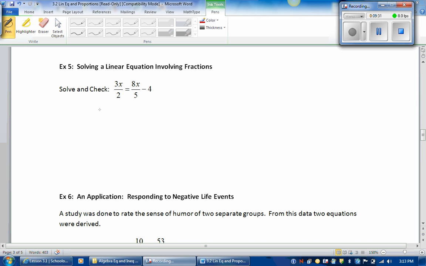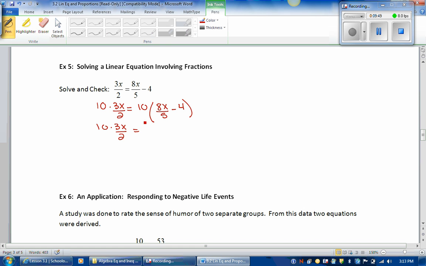So if I take now and I multiply both sides by 10, you're going to see something interesting happen. All right, you got to distribute.